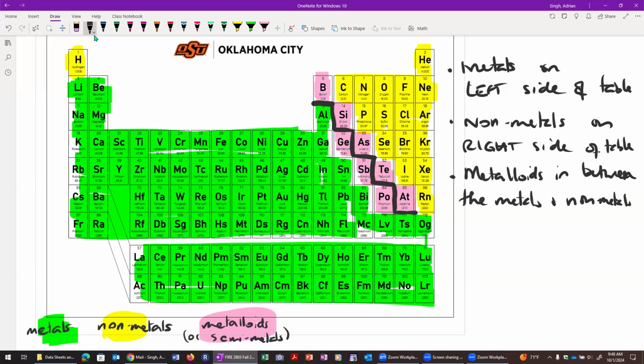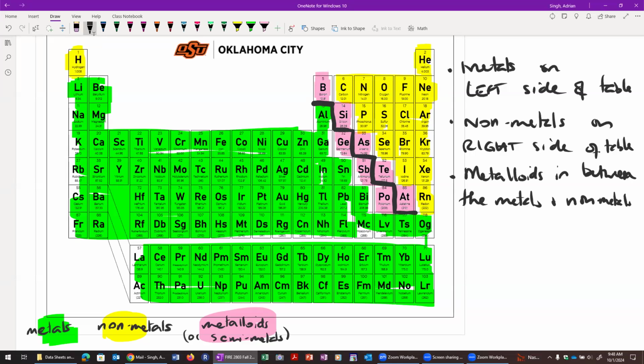To the left side of that, you have your metals. To the right side, you have your non-metals. And the elements that straddle or hug that zigzag line or staircase, those are your metalloids. So boron, silicon, germanium, arsenic, antimony, tellurium, polonium, astatine, those are known as metalloids.